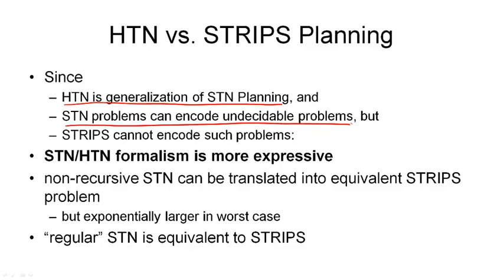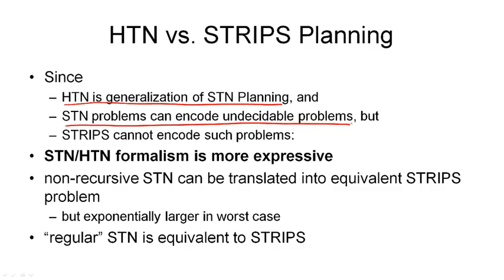To see that STN planning is undecidable requires a little more background. But when you compare the STN formalism to programming languages, you will see that they are quite similar. In fact, the basic constructs you find in any programming language are also in STN planning. You have branching by having alternative methods that have different preconditions. Just think back to the second example we've just seen.